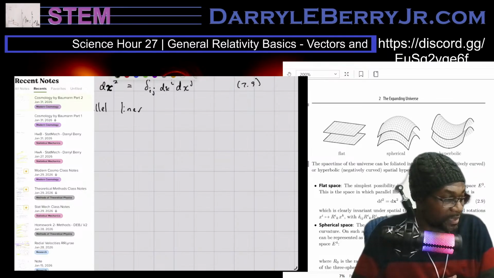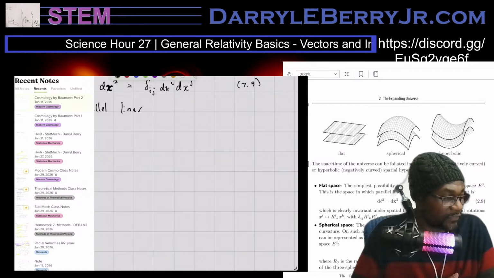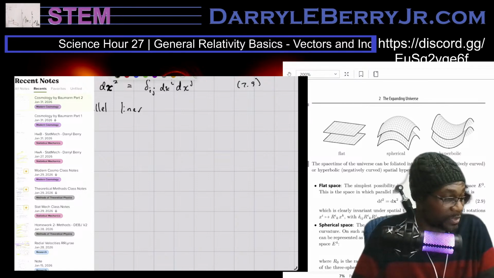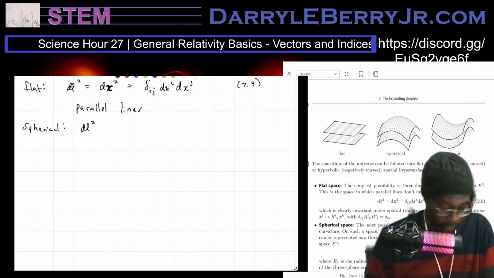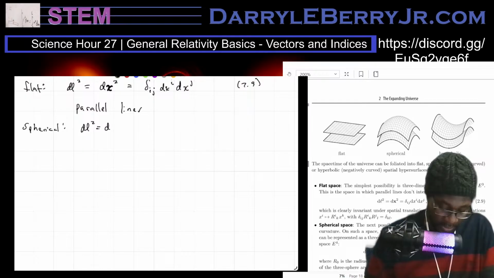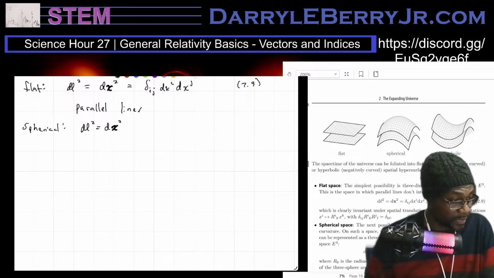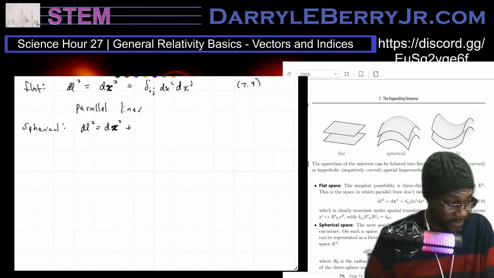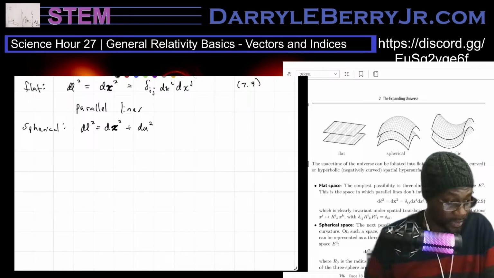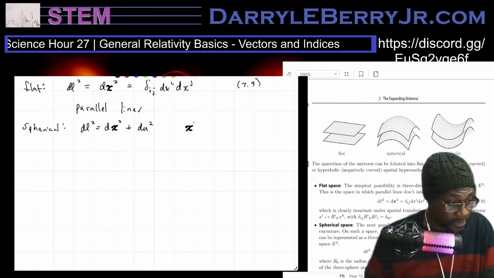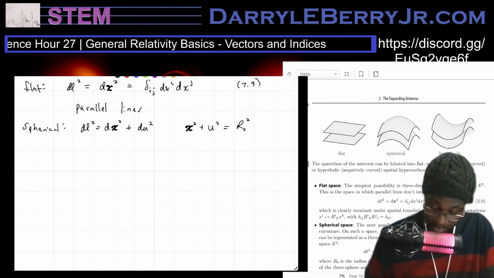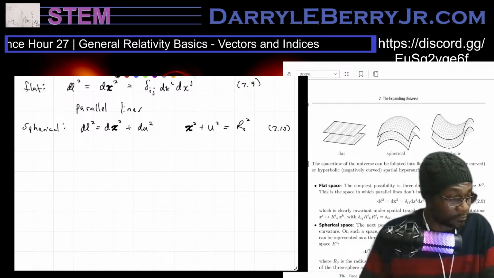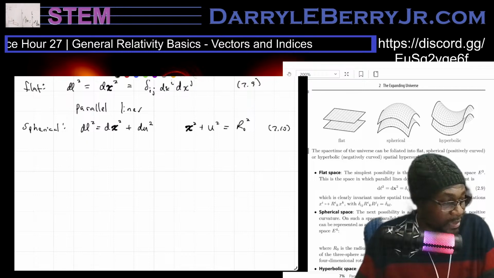The geometry can be represented as a three-sphere S3 embedded in four-dimensional Euclidean space E4. So we have dl squared equals dx squared plus du squared, and x squared plus u squared equals rho squared. That's 2.10, where rho is the radius of the sphere.